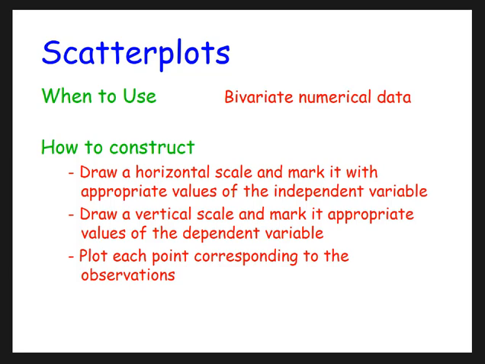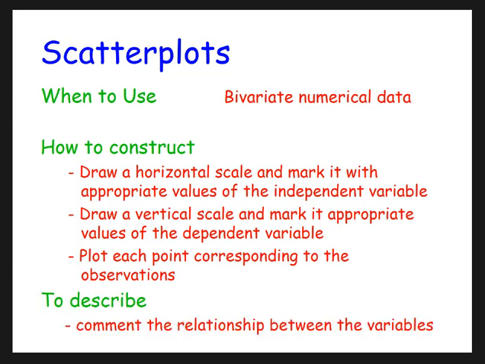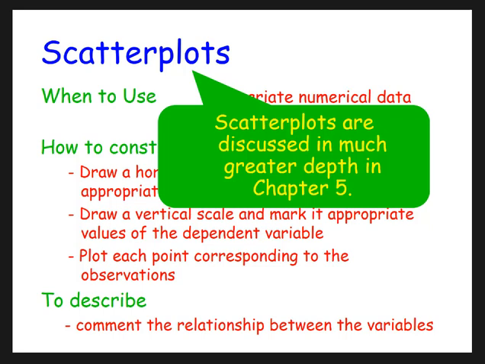Then we plot points using that rectangular or XY coordinate system. And then we're going to be looking for, in our next section here, the relationship between those variables. This is called a scatter plot, and this is what we're going to discuss in the Chapter 5 material that is really the heart of this week, in summarizing that data, looking for regression equations and other strengths of relationship.